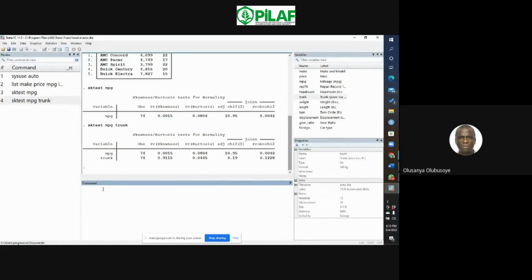I know where you are going, but don't let us go there. The null hypothesis for a normality test is H0: the variable is normally distributed, versus H1, the alternative: the variable is not normally distributed. Is that okay?